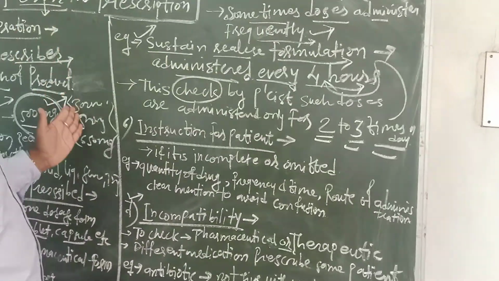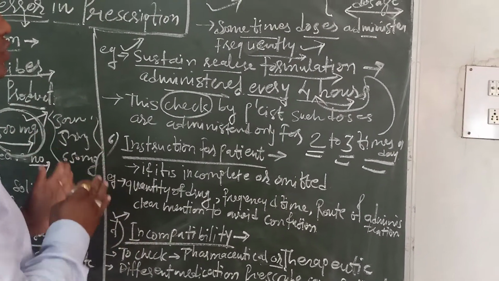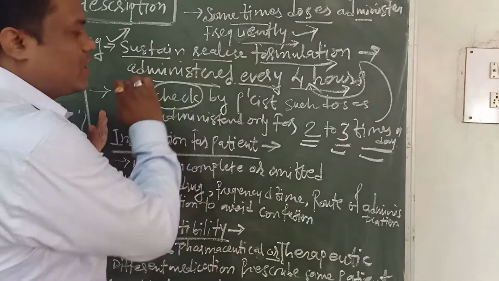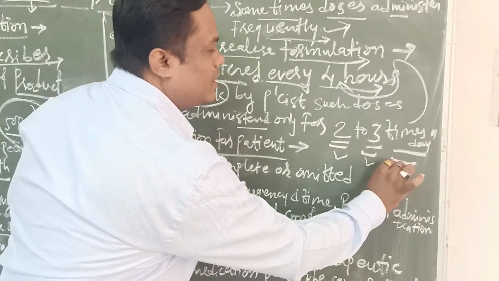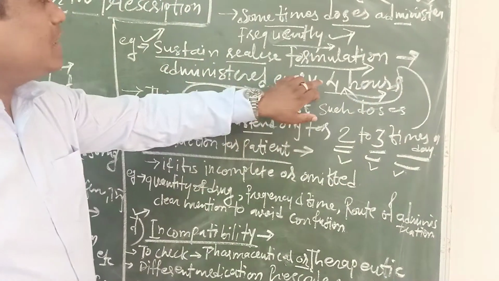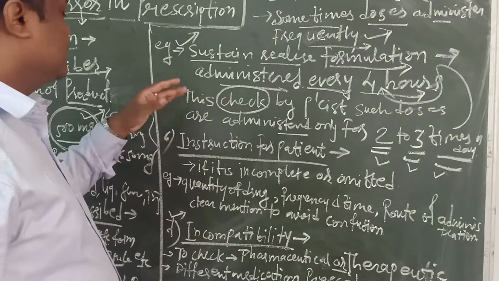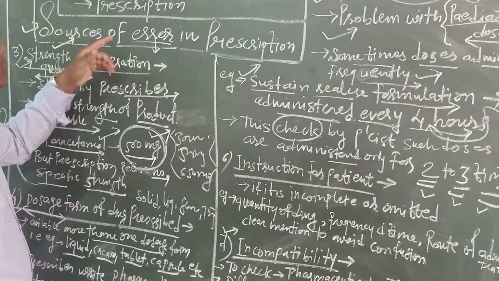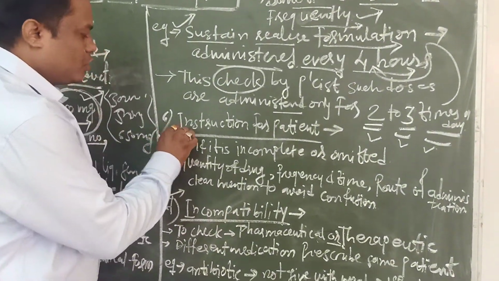It is the responsibility of the pharmacist to check every prescription and dose, because sustained release formulations are administered only 2 or 3 times a day. If there is an error in the prescription, it is corrected by consulting the physician, to reduce the sources of error in prescription. The next is instruction to the patient.